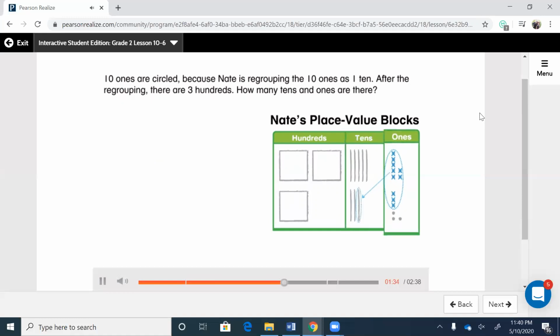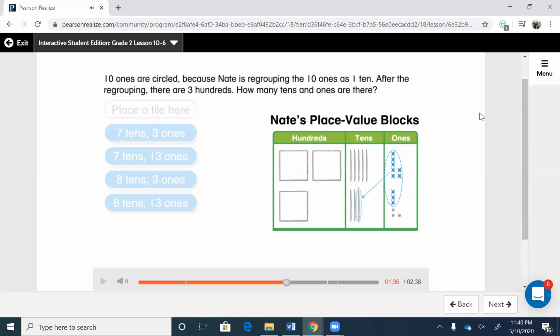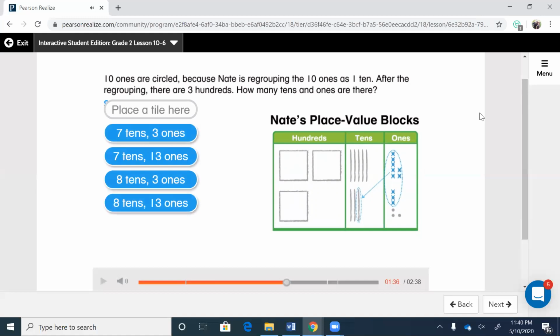How many tens and ones are there? Select your answer. Okay, so the question, how many tens and ones are there? So it looks like they circled 110, so let's count them. 1, 2, 3, 4, 5, 6, 7 tens and 1, 2, 3 ones.